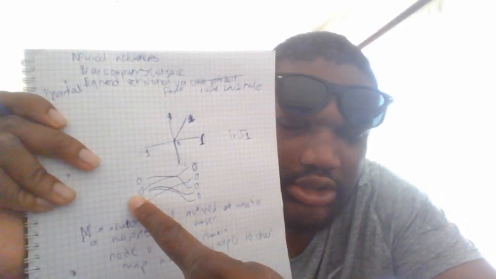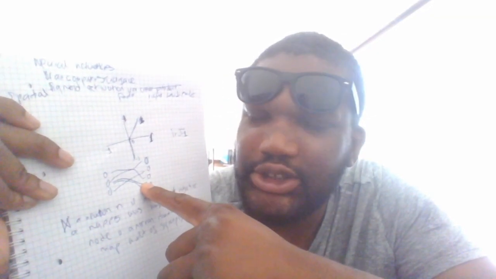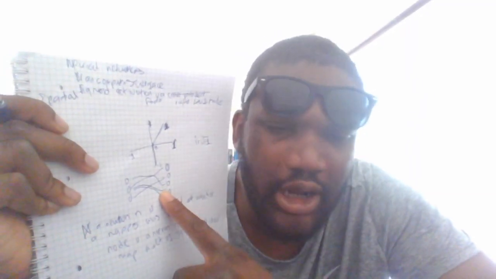This is a neuron, and this is first an input. There's an input to an output, but this input is a domain. This is the range, and the range is a set of ranges that can be activated.